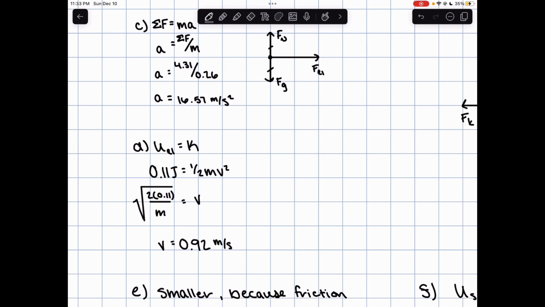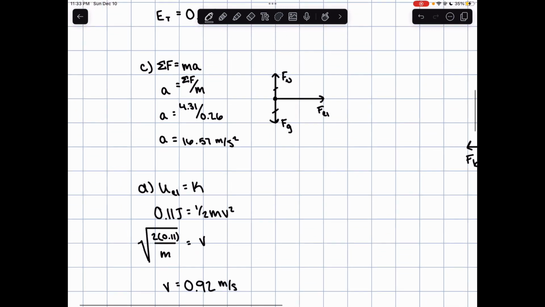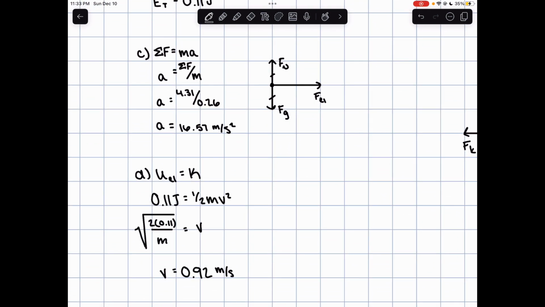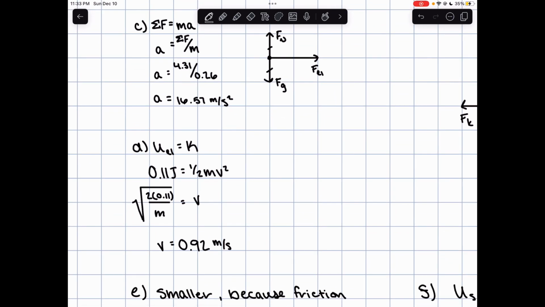For elastic energy, we can plug in 0.11 joules, which is what we solved for in part B. For kinetic, we can plug in the equation 1/2 mv squared. From there, we can rewrite the equation to solve for v and plug in the given mass. Finally, we put it into our calculator and get that v is equal to 0.92 meters per second.